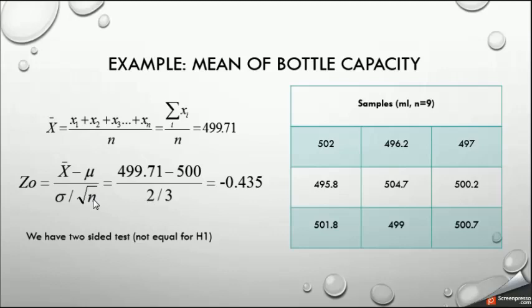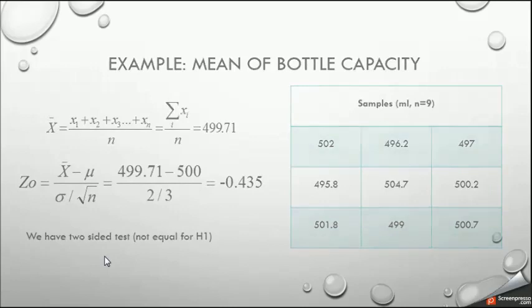We have the number of elements in the sample, which is 9, so the square root of n is equal to 3. So now Z0 will equal minus 0.435. Notice that we also have a two-sided test, so for the alternative hypothesis, we have mu not equal to 500.